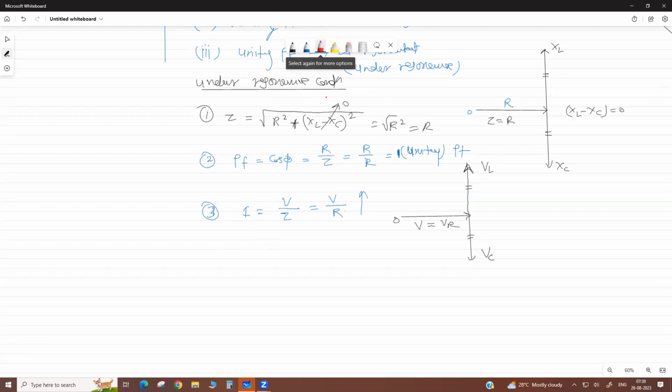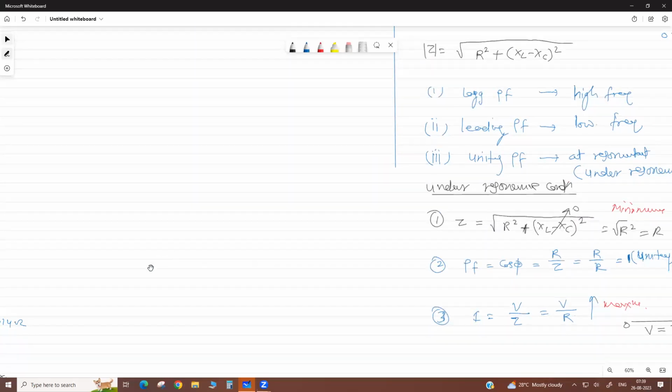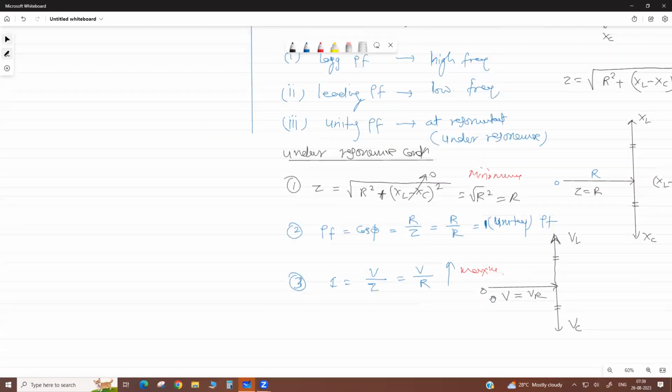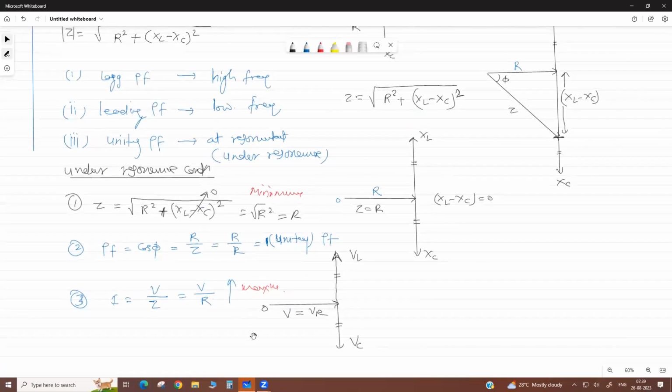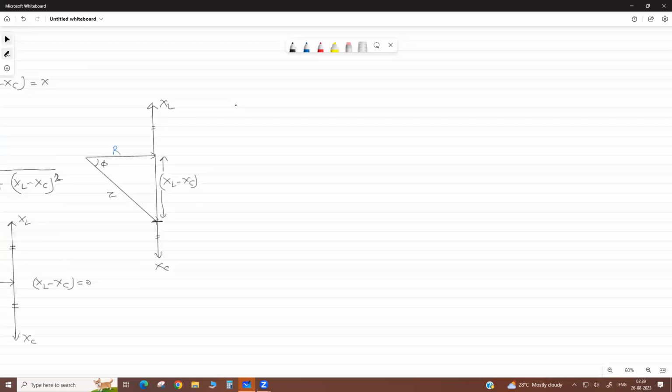Please remember, in a series resonance circuit, Z is minimum and current is maximum. So I brief this also, because there are numericals on resonance also.